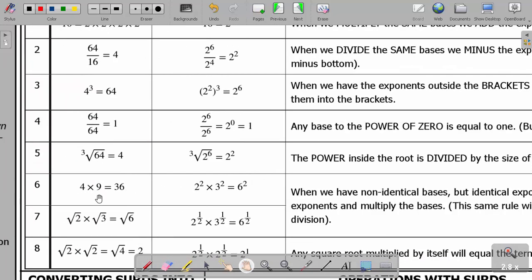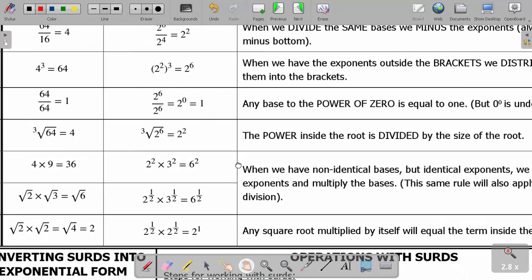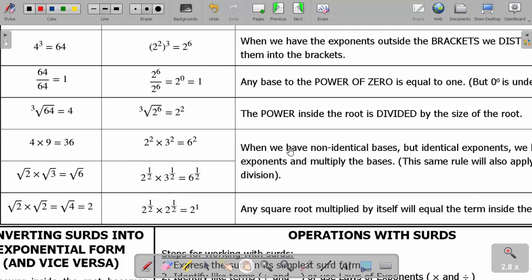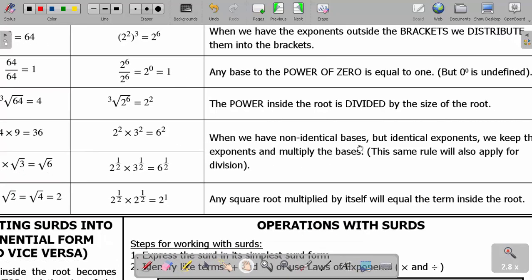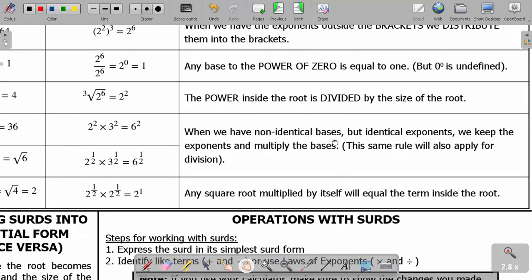And then next here we have 4 times 9 to give us 36. But what is 4? In exponential form, it is 2 squared. What about 9? It is 3 squared. What about 36? It is 6 squared. So in other words, the law here says that if we have non-identical bases but identical exponents, we keep the exponents and multiply the bases.